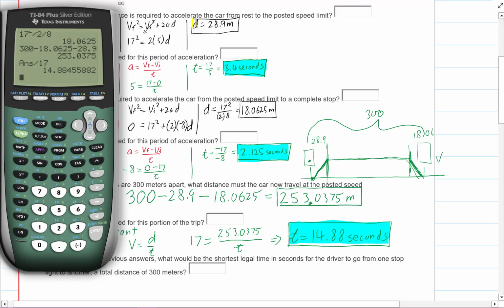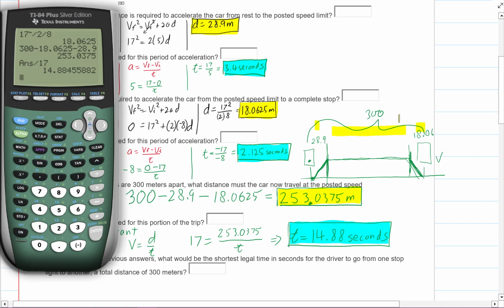The distance at the beginning part was 28.9, 18, and 253. So if we add these yellow ones together, we should get 300, because that's the total distance traveled. The total distance in A, the total distance in B, and the total distance in C.